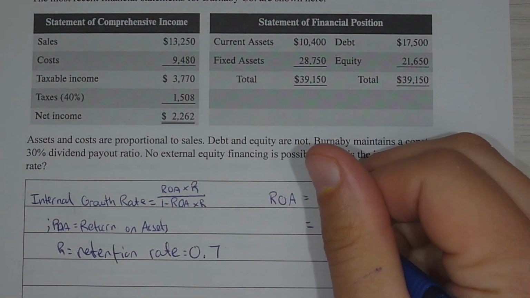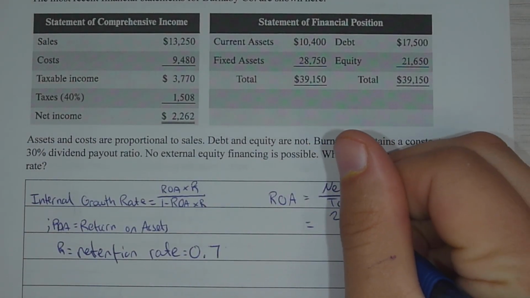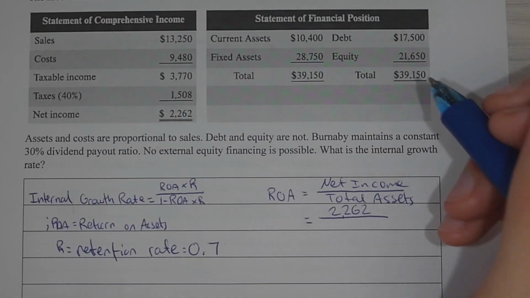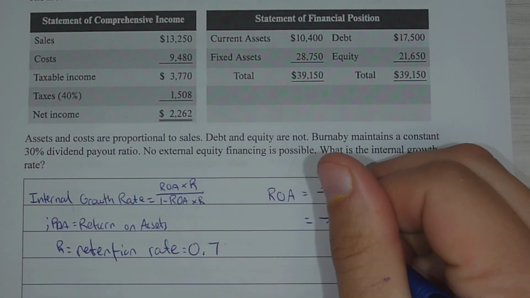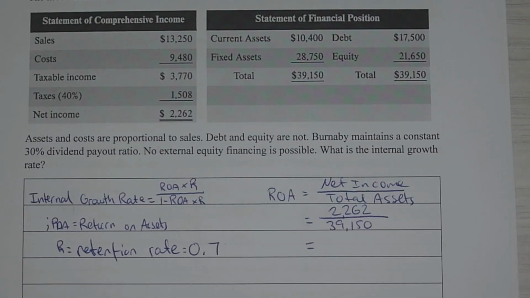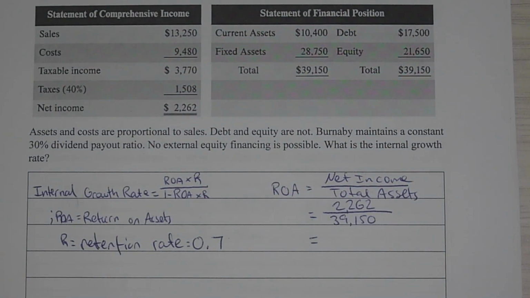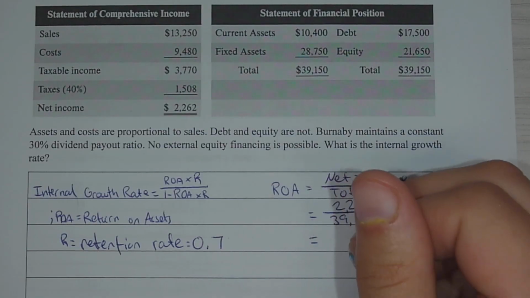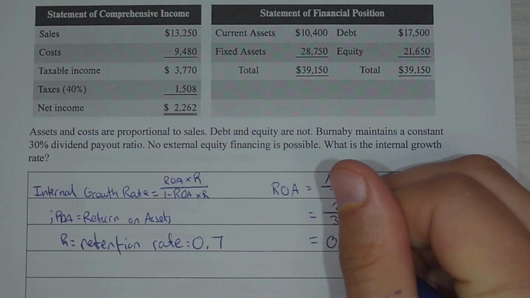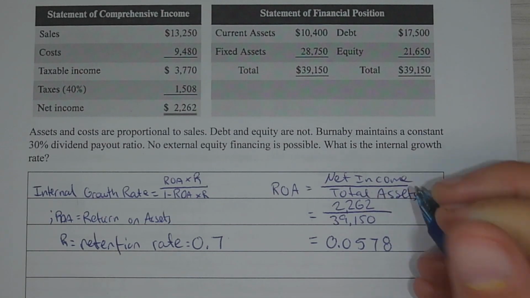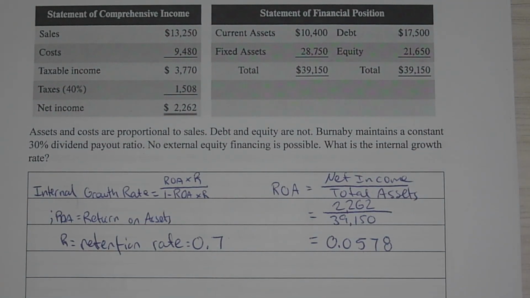Our net income is $22.62. Our total assets is $39,150. And so that gives us a return on assets of 0.0578 or 5.78%.